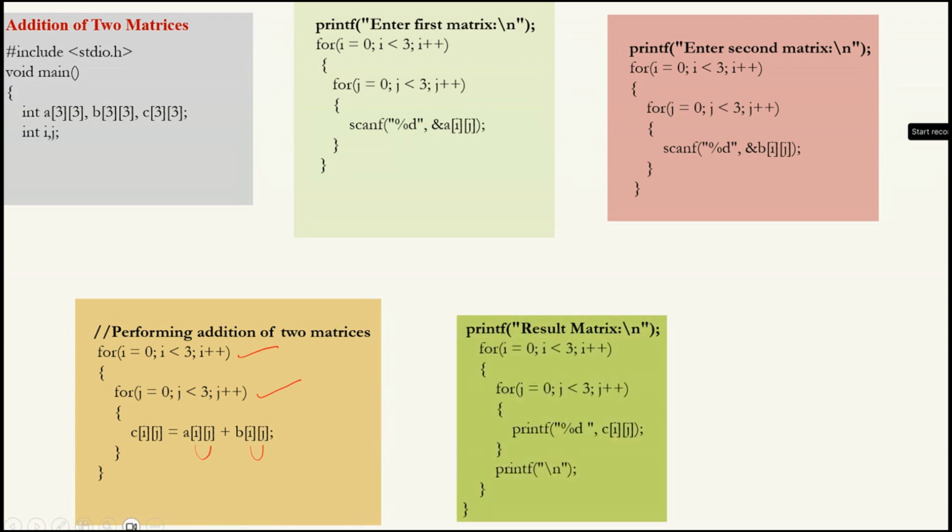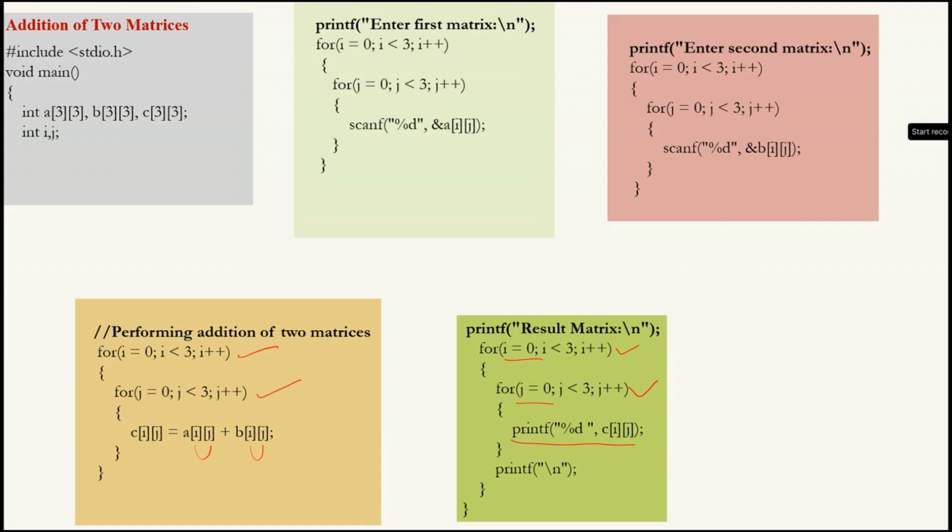And the final thing is we need to print the added matrix. For printing also, we will be using two for loops with i and j and a printf statement inside it.